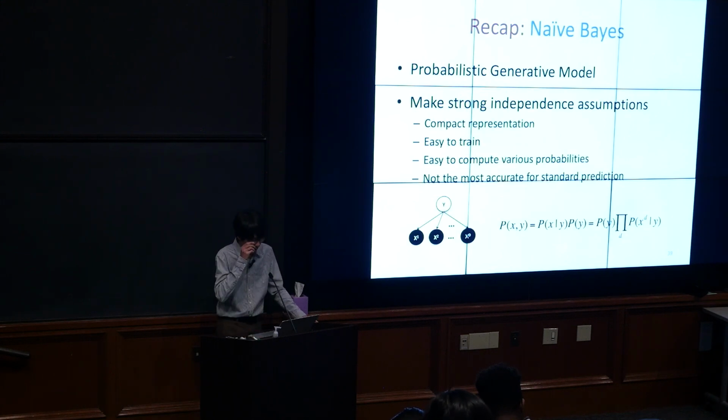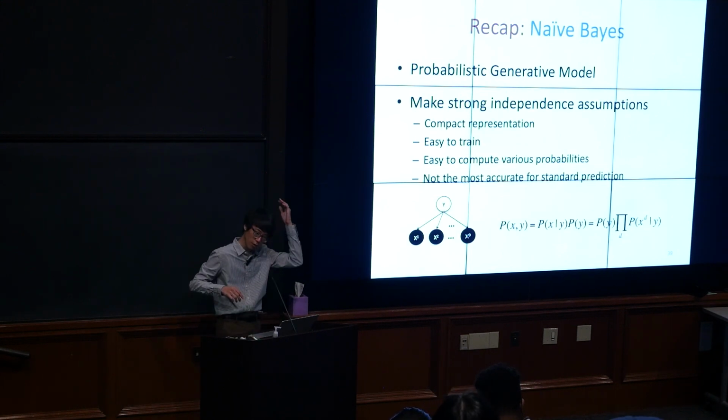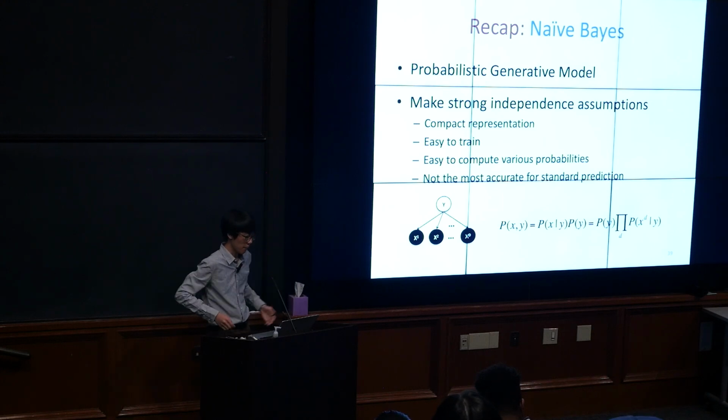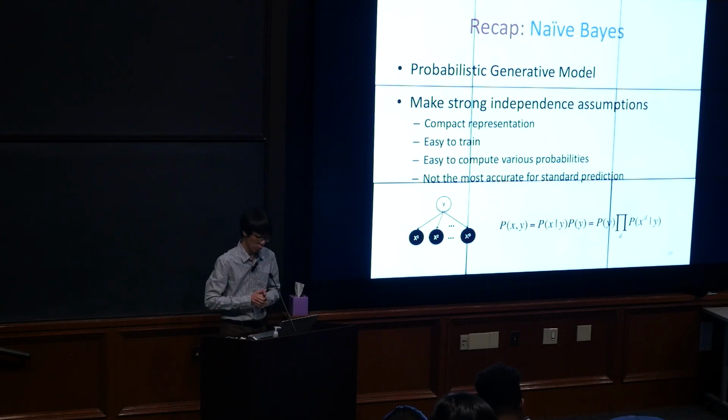All right, so as a quick recap of naive Bayes, that's really it. It's a probabilistic generative model with that really strong independence assumption. One would say it's a naive independence assumption, which is why we call it naive Bayes. And we really like it because it's, again, a very compact representation. The model complexity scales linearly with the number of dimensions in your X. It's very easy to train. You just count how many times things happen in your data set. It's very easy to compute various probabilities, right?